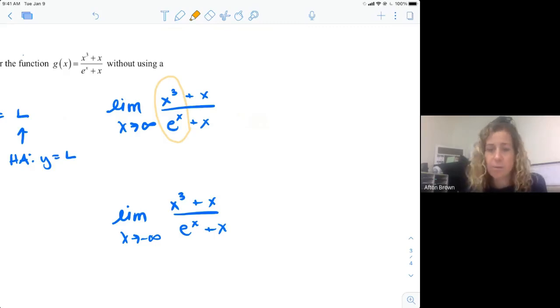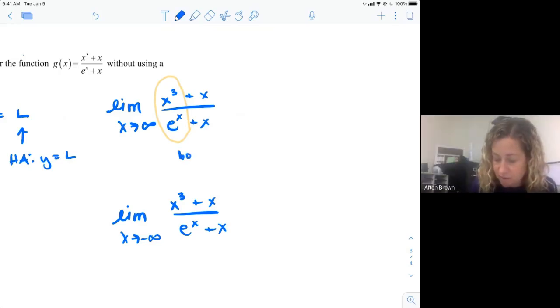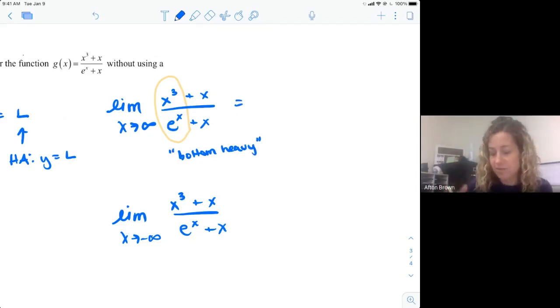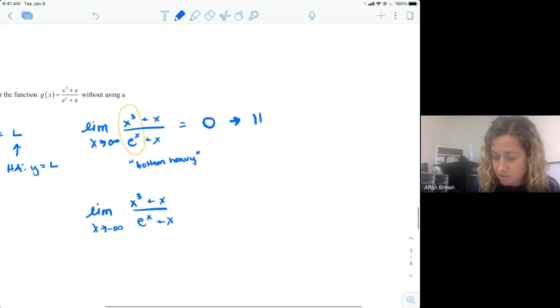Could I consider this top heavy, bottom heavy, or equal? Bottom heavy, good. E to the x grows faster, so this is bottom heavy, meaning the denominator is still going to be infinity. When you divide by something that's bottom heavy, if the bottom gets really big, it always goes to 0. So bottom heavy is always 0. That tells us that we have a horizontal asymptote at y equals 0.